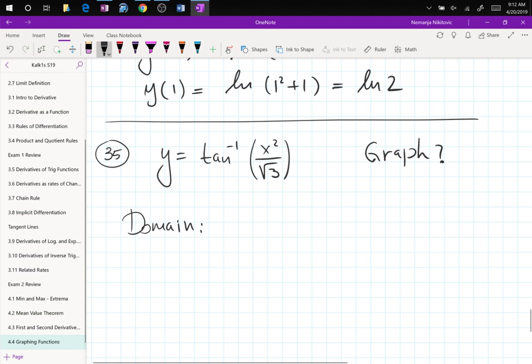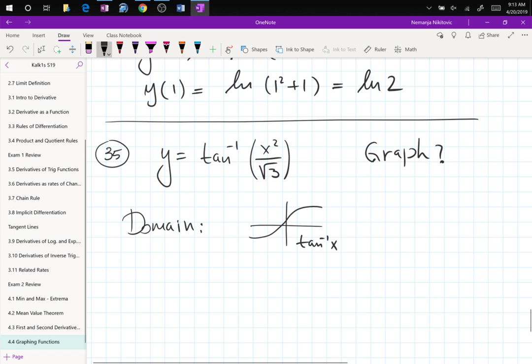What we should know is that the basic inverse tangent graph is this squiggle like that, and it has all the real numbers as its domain. And this x squared divided by root 3 is not going to change that at all, because there are absolutely no restrictions on positive or negative numbers in the basic inverse tan. That's supposed to be our basic knowledge.